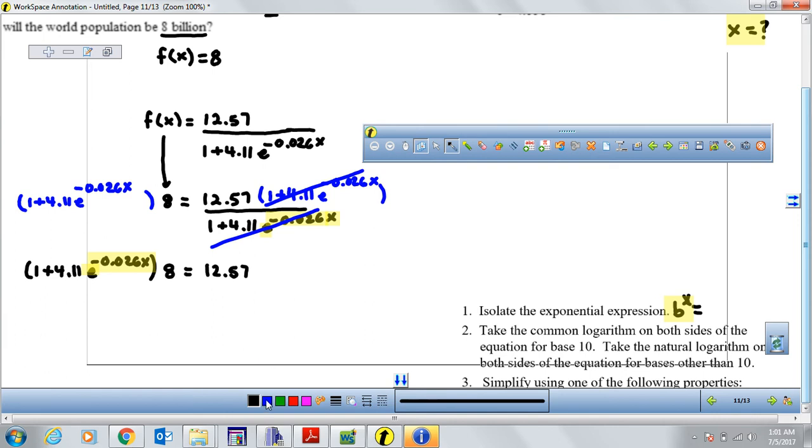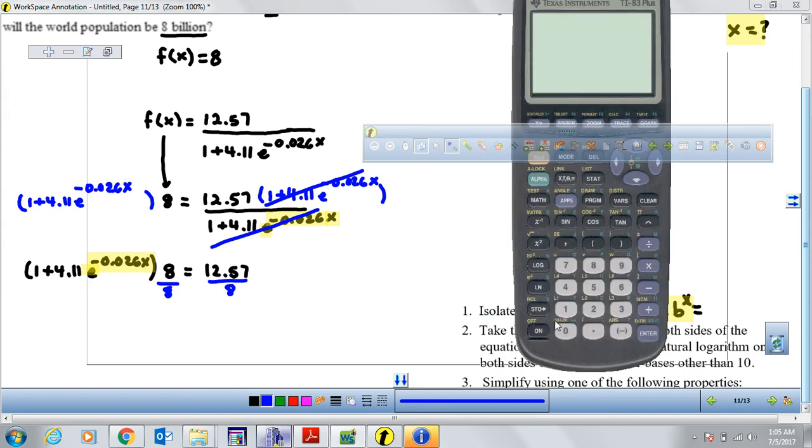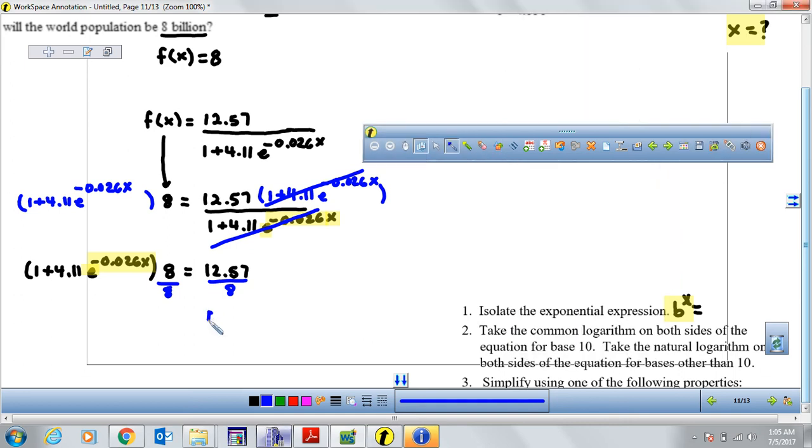To get rid of it, we need to divide the 8 on both sides of this equation. So if I divide 12.57 by 8, that's going to give us 1.57125. I'm going to write the whole thing. Do not round. 1.57125 is equal to, that divides out here, 1 plus 4.11 times e raised to the negative 0.026x.